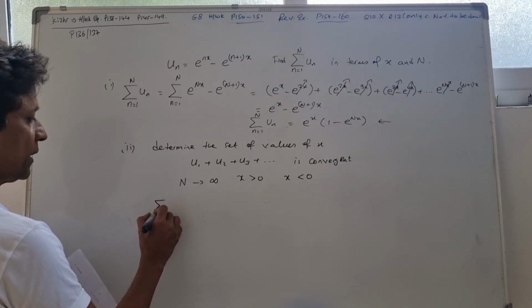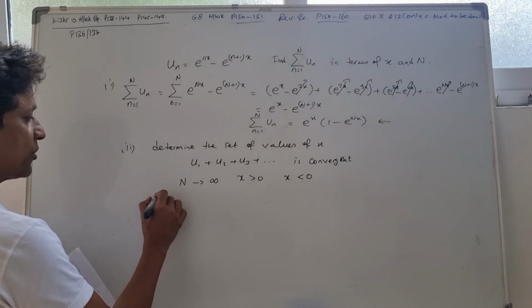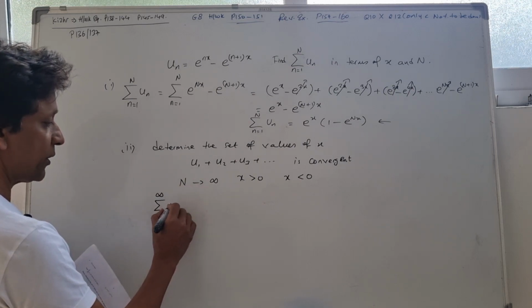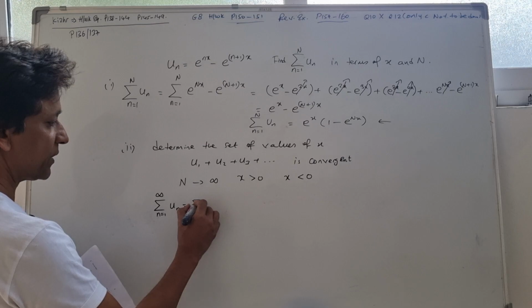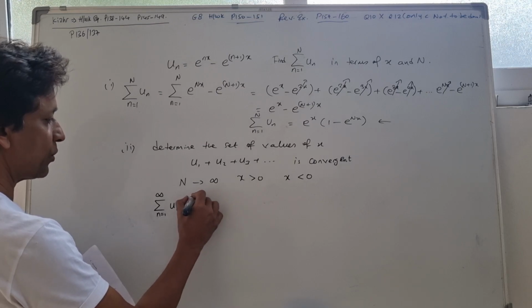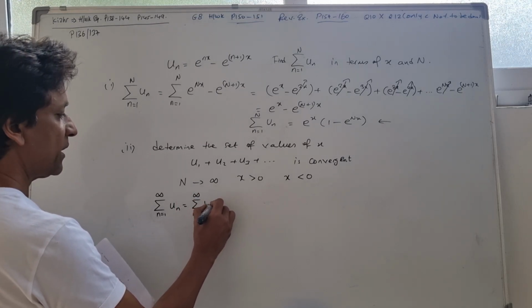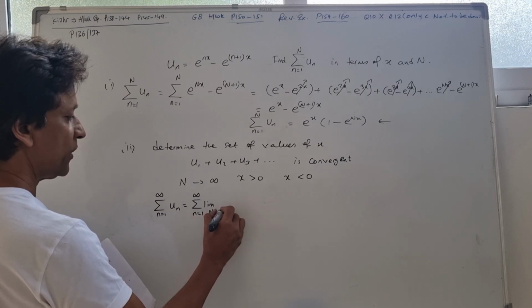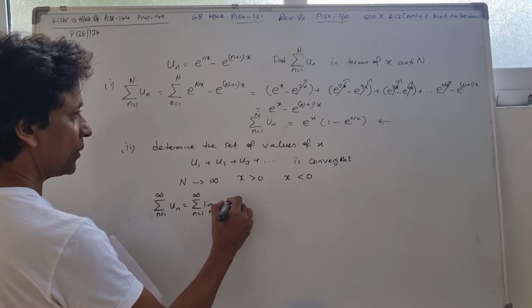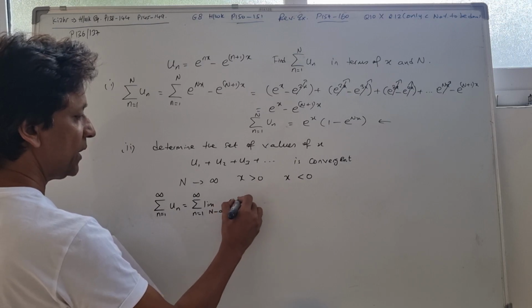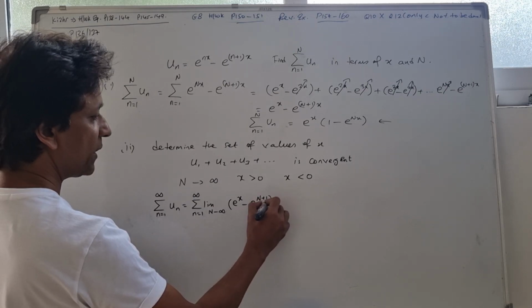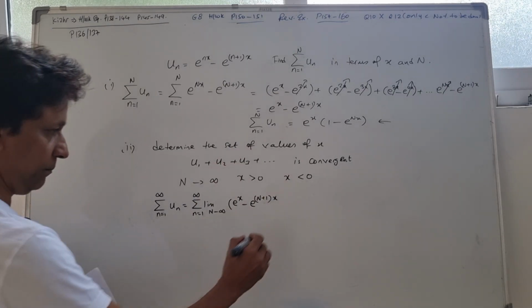We have the sum from n equals 1 to infinity of u_n, taking our limits into consideration, where n approaches infinity, and the series is e to the x minus e to the (n plus 1) times x.